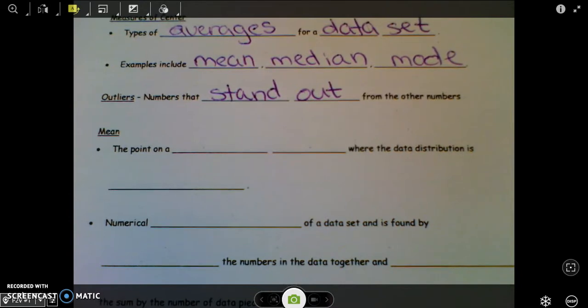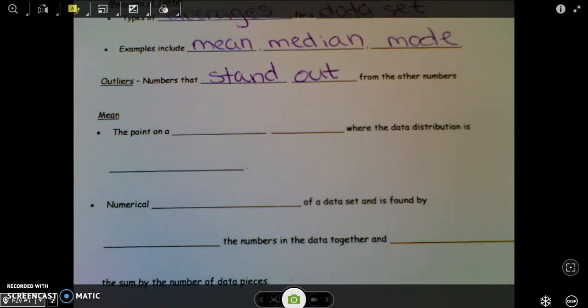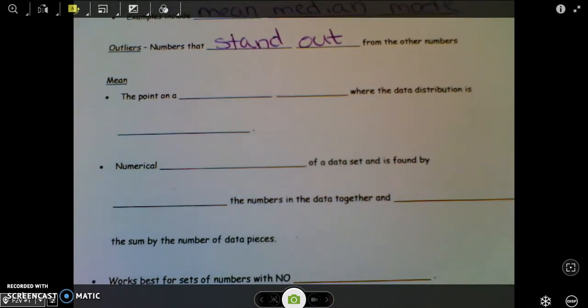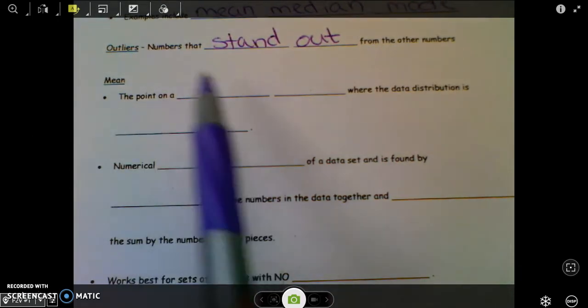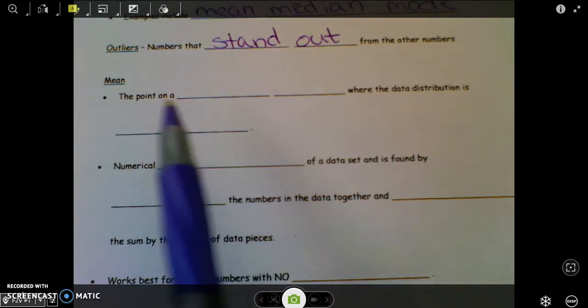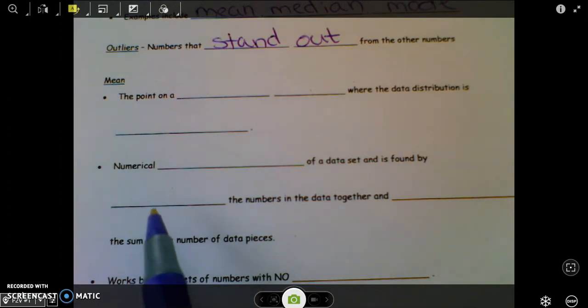Okay, so looking at the definition of mean. Now, there's a couple ways to look at mean. I'm actually going to skip this first bullet point because that's kind of the new stuff. I'm going to go down to the second one here, and that's a definition you've probably already seen before.